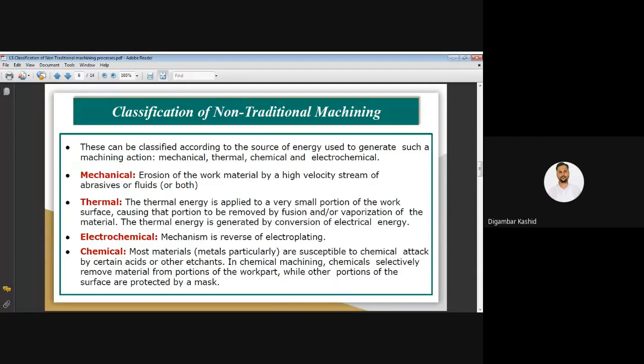Now after getting the information about the advanced machining processes, we need to move to their classification. Because we know that the energy domain is important for our non-traditional, non-conventional machining processes. So whatever the classification is, it depends on the energy domain.